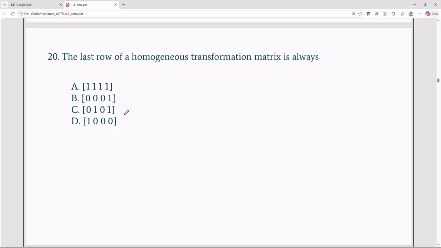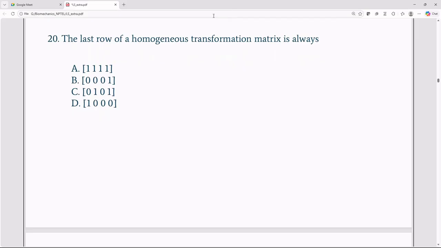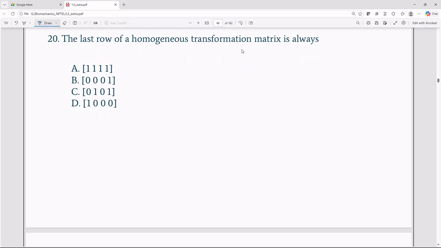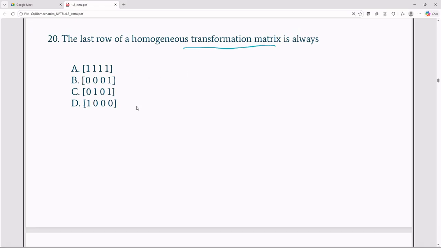Next question. What is the last row of the homogeneous transformation matrix? Options are option A 1 1 1 1, option B 0 0 0 1, option C 0 1 0 1, option D 1 0 0 0.